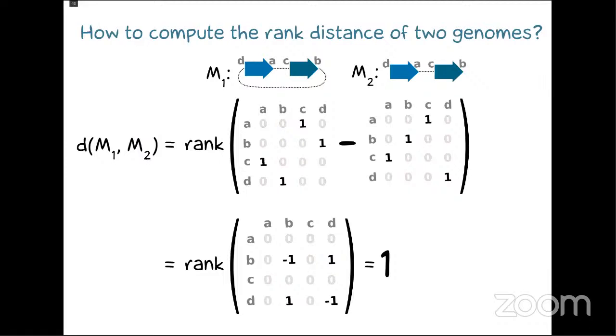In every place that the genomes agree in an adjacency, the columns become 0, the rows become 0, and they don't contribute anything to the rank. The rank will only be affected by adjacencies that are different in both genomes. So this means the usual rearrangement operations like reversal, transposition, and things like that, that only affect a few extremities will lead to a rank distance very small.